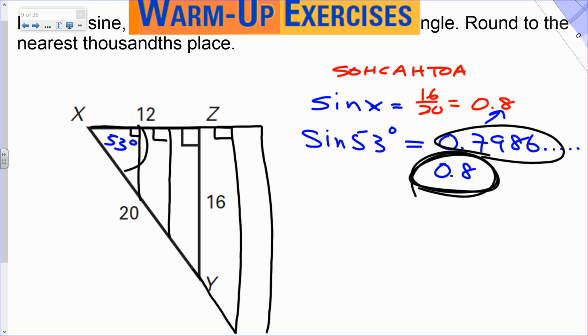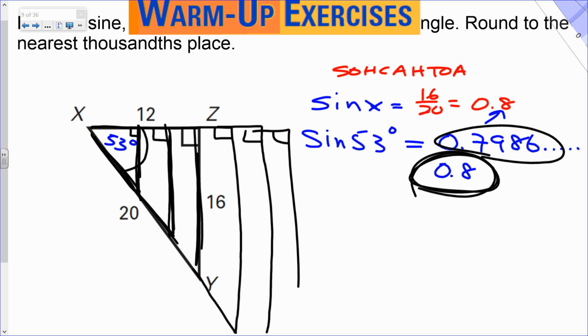So no matter how big the triangle, look, I can make it infinitely bigger, or how small the triangle, the ratio of the opposite side to the hypotenuse will forever, eternally, without change, always be this that you punch in your calculator.